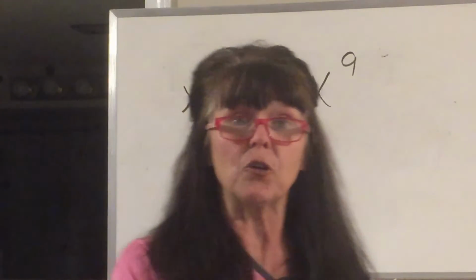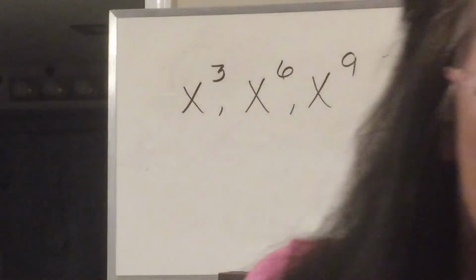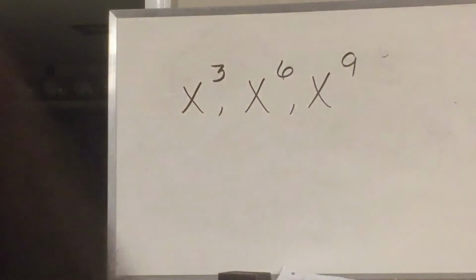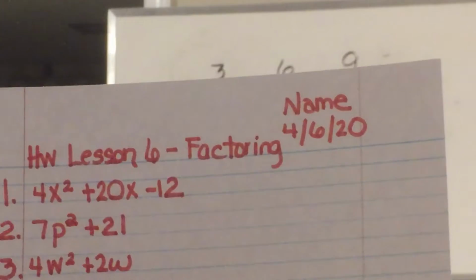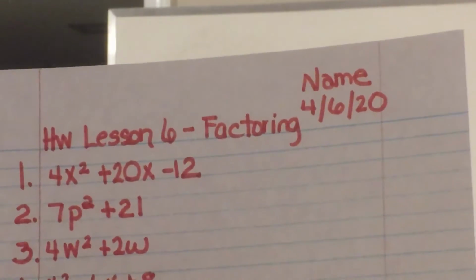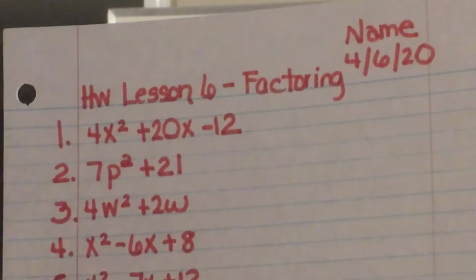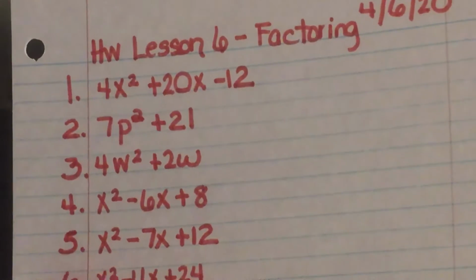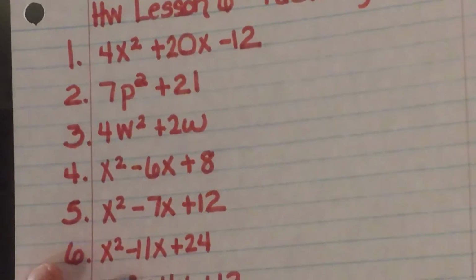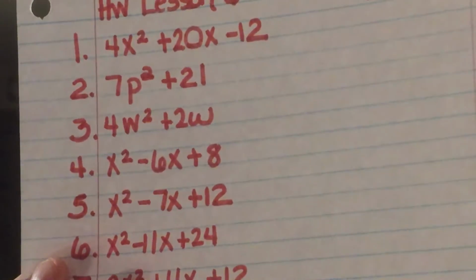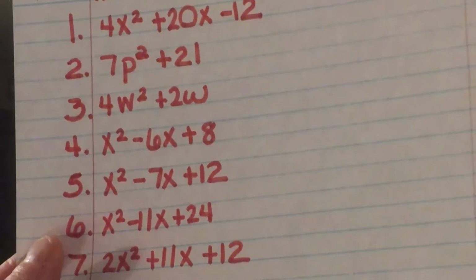And so right now, you're ready for your lesson. This is lesson 6, and you're going to date it for April the 6th. It starts off with just a lot of factoring. They're kind of scrambled up. There's some GCF. There's some difference of squares.